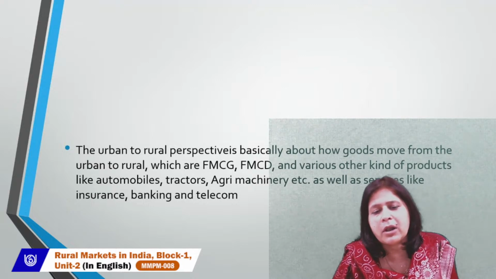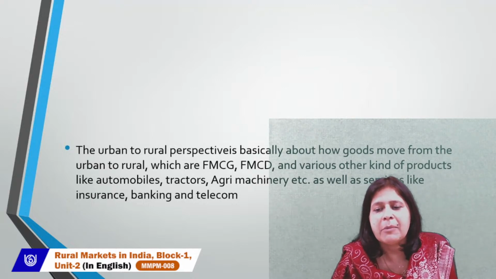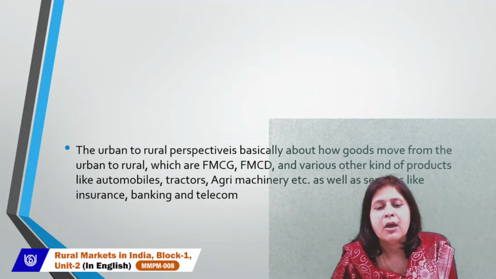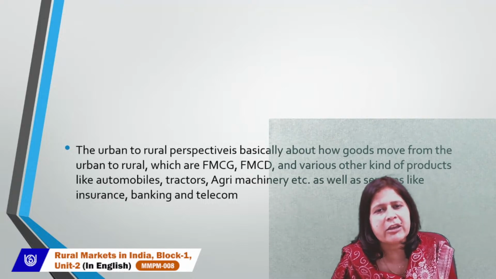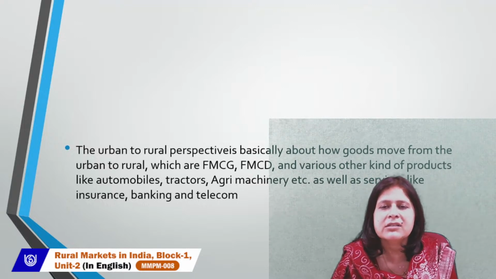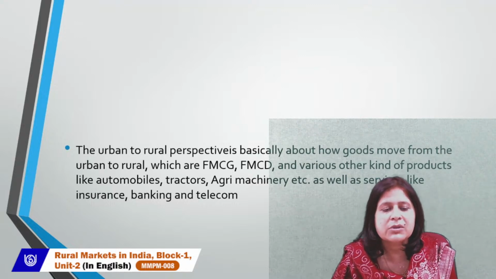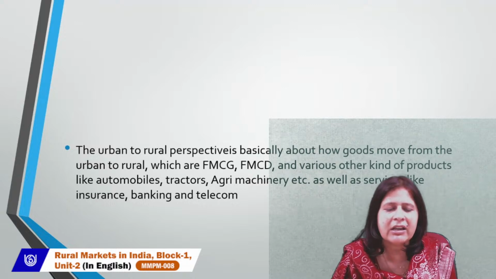Urban to rural perspective is basically about how goods move from urban to rural areas, which are FMCGs and FMCDs, and various products like automobiles, tractors, or agri machines, as well as services like insurance, banking, and telecom.